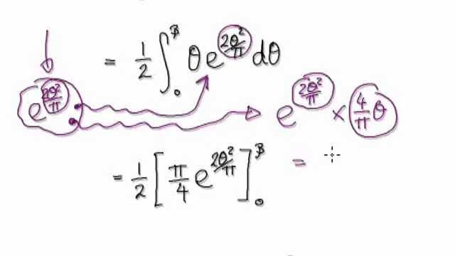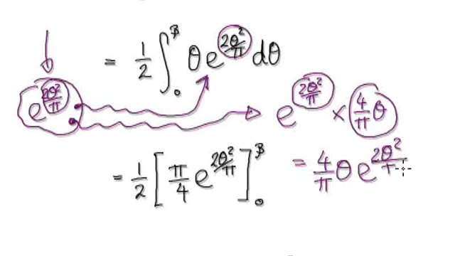When you differentiate it, it will give you this, 4 over pi theta, and then you've got your e to the theta squared over pi. You see, this thing here is very similar to this. All you need to do now is negate this 4 over pi. So to make the adjustment to your initial guess, make this adjustment pi over 4.